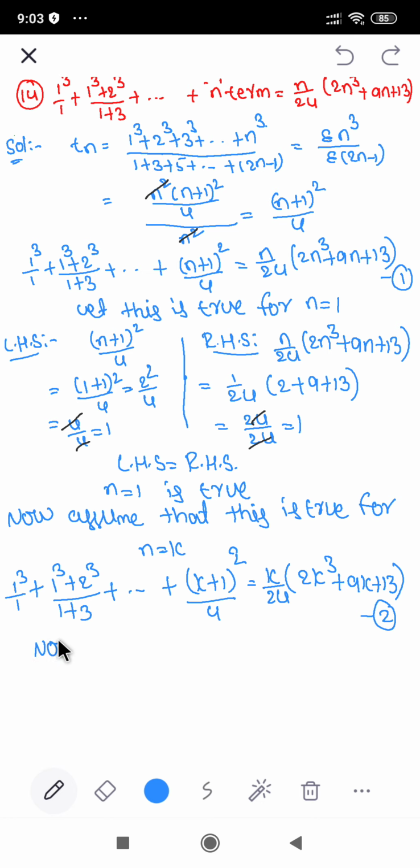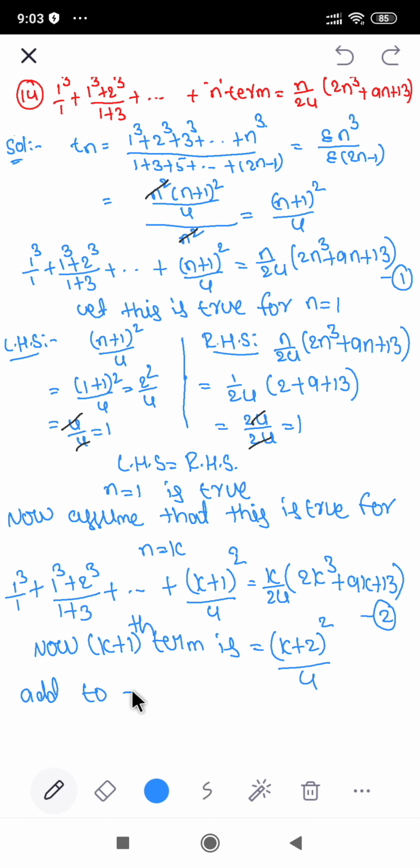Now the k plus 1th term is k plus 1 plus 1, which we can write as k plus 2 whole square by 4. Add it to equation 2 on both sides.